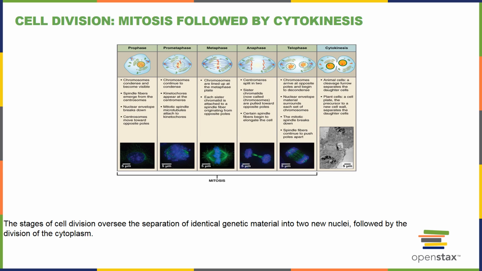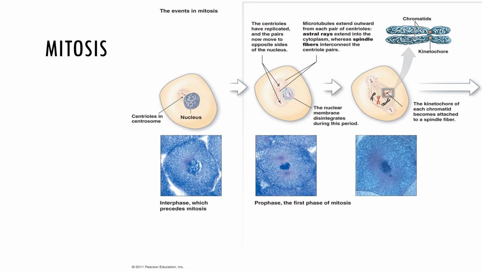So here are the different phases that I referred to in mitosis: prophase, metaphase, anaphase, telophase, and cytokinesis. For each of these phases, there are distinct events that are occurring so that we can get two identical daughter cells produced. Let's look at each of these phases in a little more detail. Mitosis. Prophase is the first phase of mitosis.